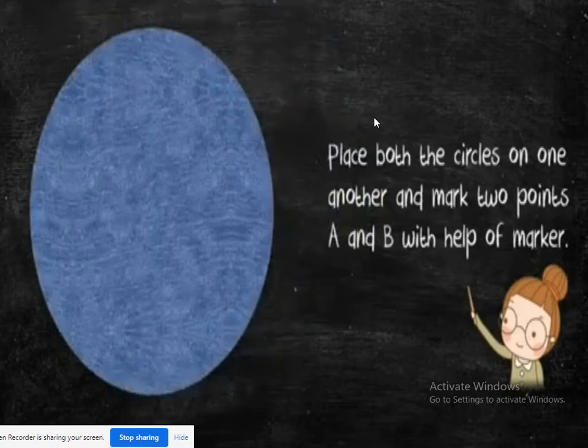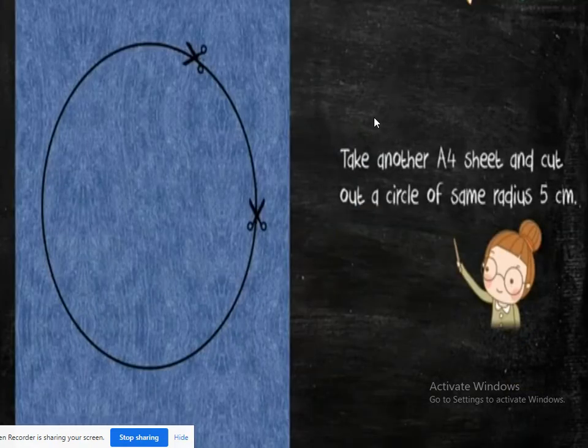Now do the same with the third colored sheet also. So we have three circles of same radius 5 centimeter with different colors, right?